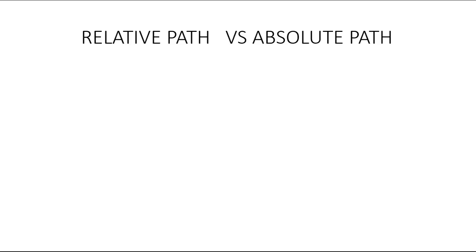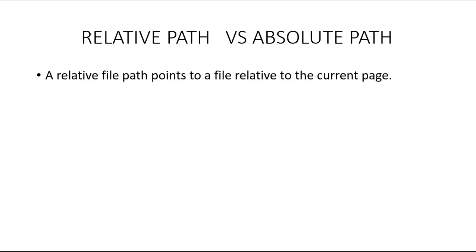Now before understanding image, we need to understand what is path. There are two types of path, relative path and absolute path. What is relative path? A relative file path points to a file relative to the current page or current file location.